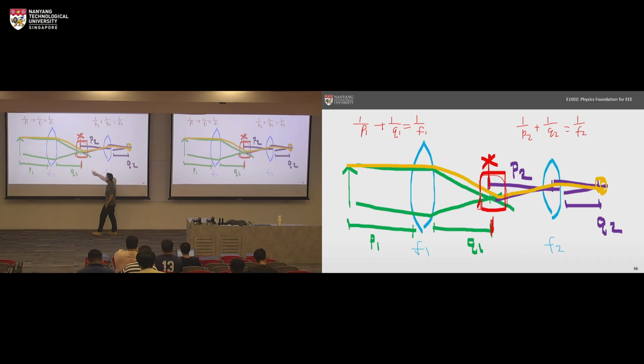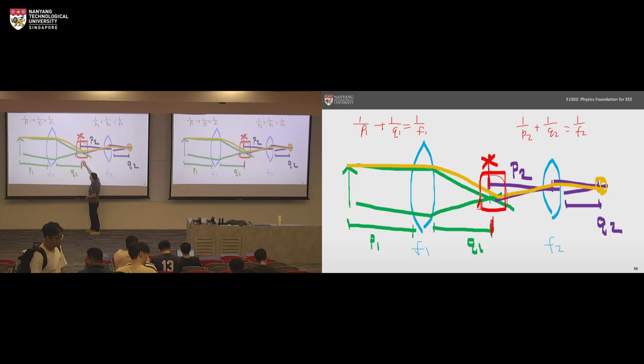The location of your Q1, which is the location of your image number 1, must equal the same location as your P2, because only at this location, the result of your first image, will this image subsequently become your new object. So this is your new object distance, and this position will serve as your new P2.